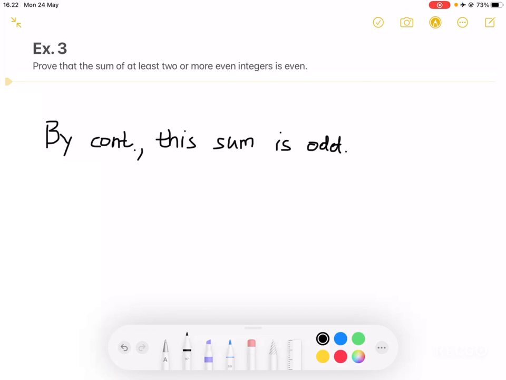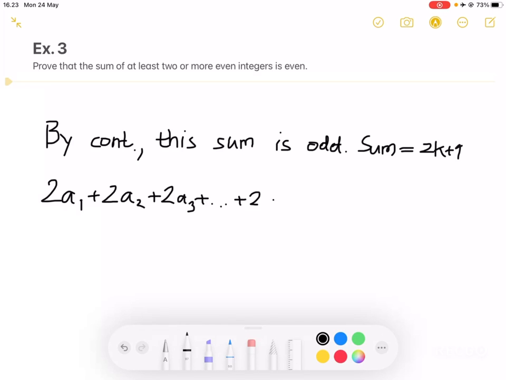So we can rewrite the sum using the definition of an odd number, which could be rewritten as 2k plus 1. And furthermore, we can suppose these even integers to be expressible as 2a1 plus 2a2 plus 2a3 plus all the way up to, say, 2an.